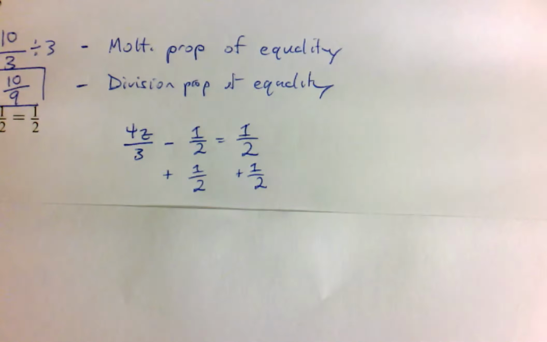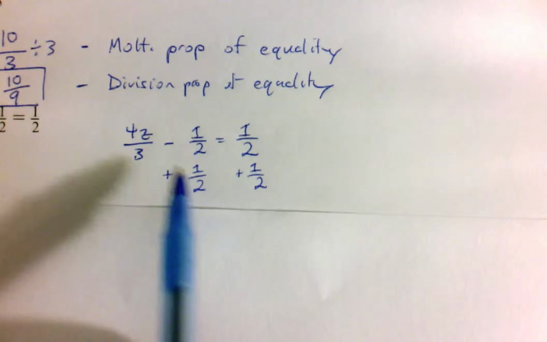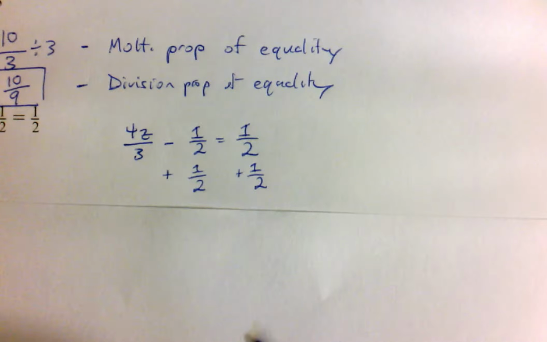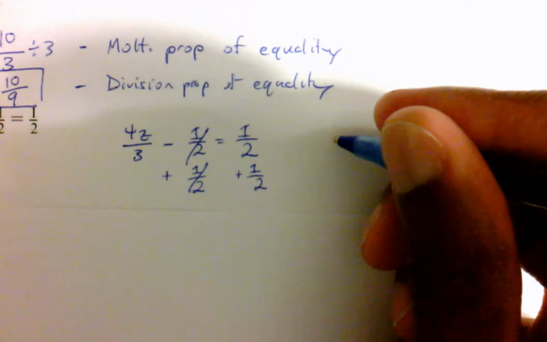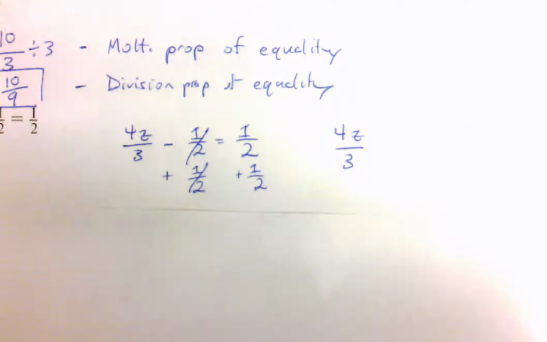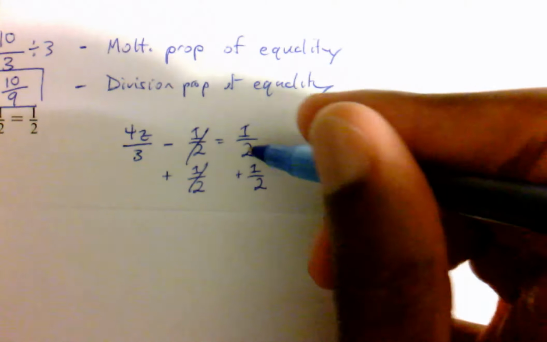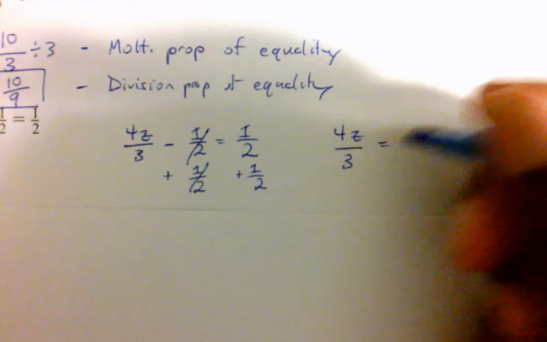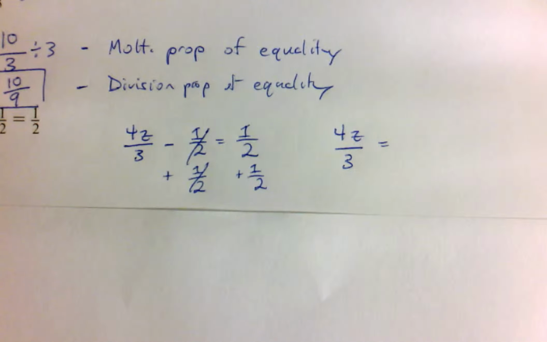So if I have 4z over 3 minus 1 half plus 1 half, on the left that just leaves me with 4z over 3. Minus 1 half plus 1 half is 0. 4z over 3 plus 0 is just 4z over 3. Now on my right side I have 1 half plus 1 half. Now how do I add these fractions?